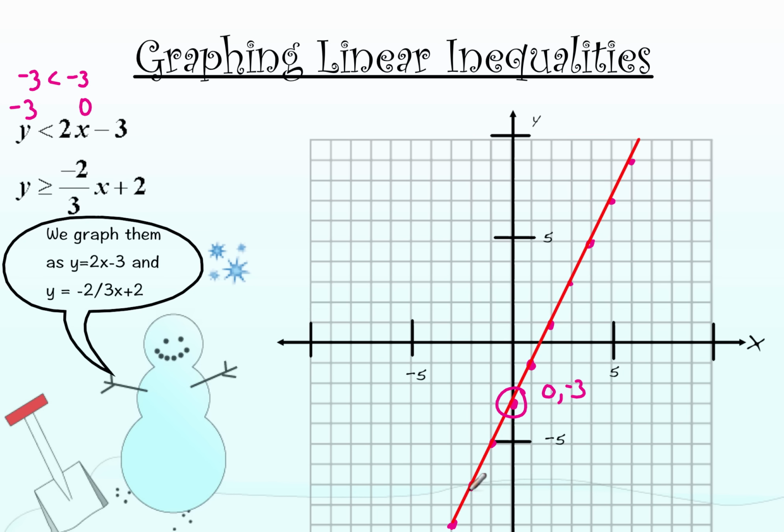And that's why we always drew the straight line, because any point on this line would work in y equals 2x minus 3. So we're not going to draw a solid line. Instead, we are going to draw a dotted line.